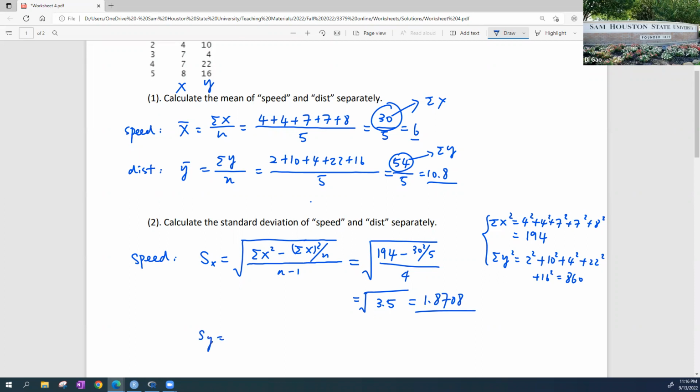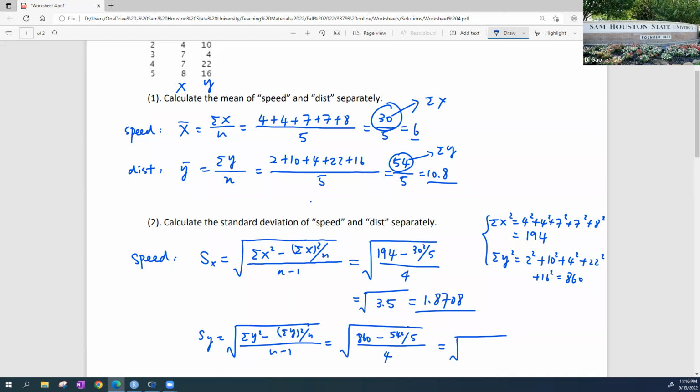Similarly, we can calculate the standard deviation of y, right? So the square root of sum of y squared minus sum of y, squared, over n, over n minus 1. So we have the square root of 860 minus 54 squared over 5, the difference over 4.